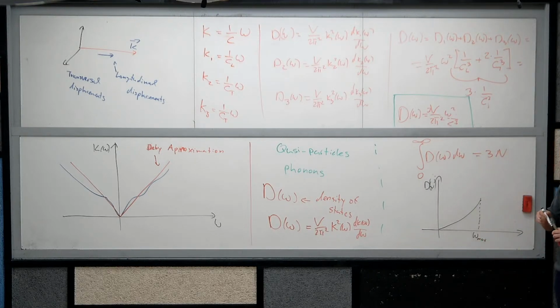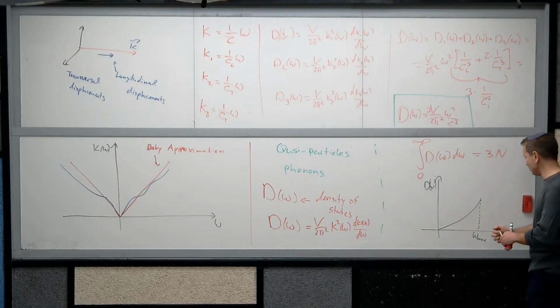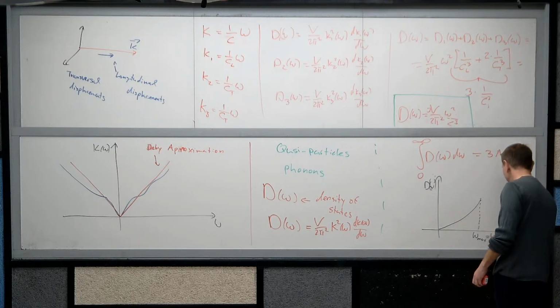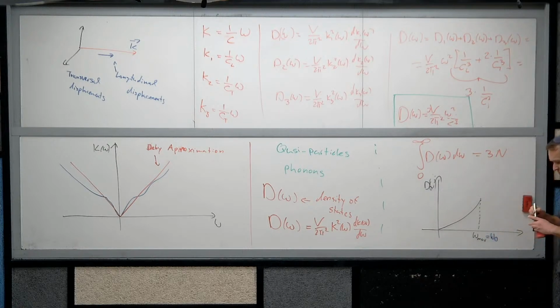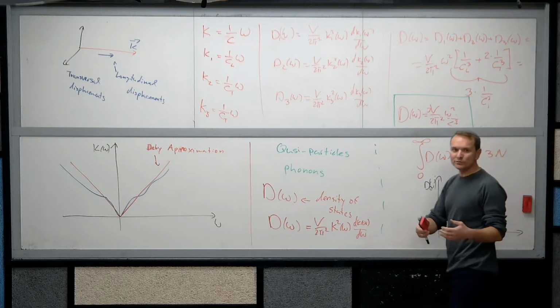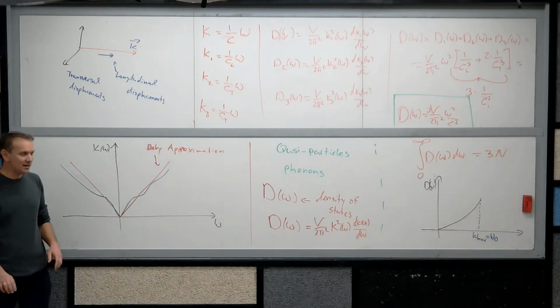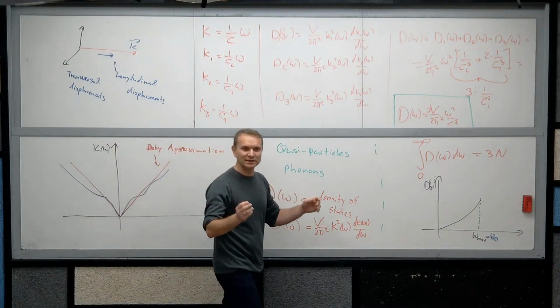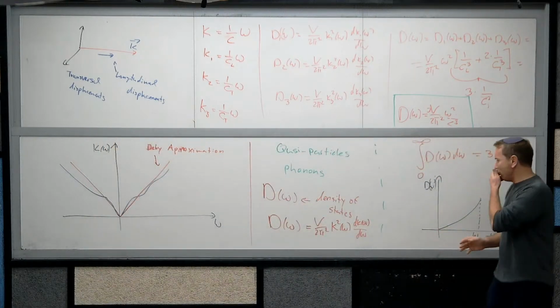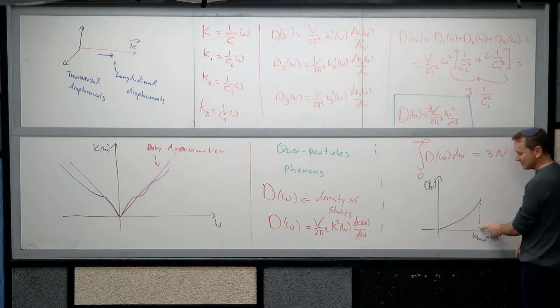So he called it omega max, and nowadays we call it omega Debye, omega D. And the claim is, well, look, all of this is approximate theory, and it's not exactly correct for any omegas. So in any case, I'm not going to count all the different densities for very high frequencies.